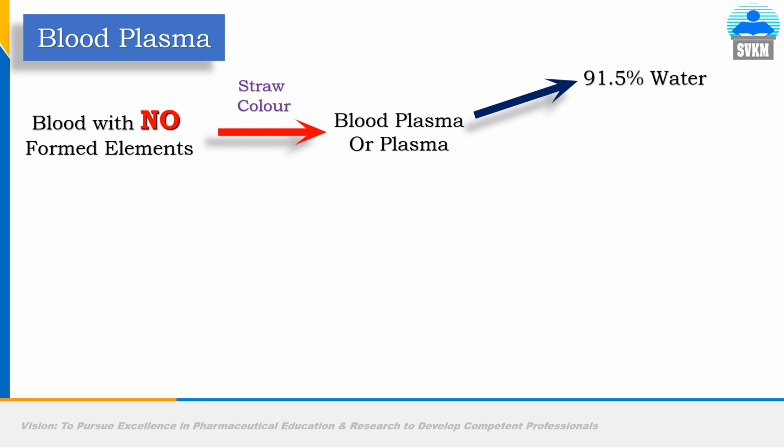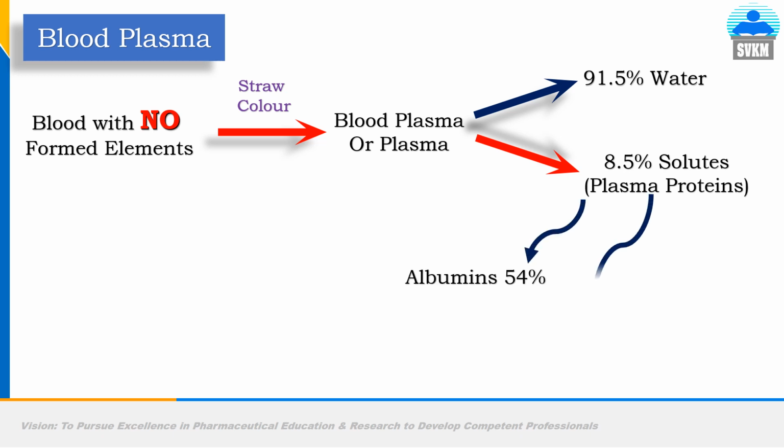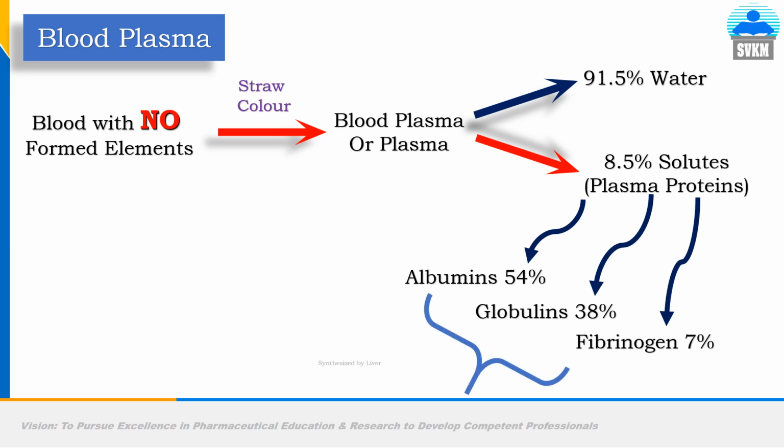In blood plasma, 91.5% is water and 8.5% is solute in the form of plasma proteins. There are three different types of plasma proteins. One is albumins, which comprise 54%. The second is globulins, which comprise 38%, and fibrinogen, which comprises 7%. All these plasma proteins are synthesized by the liver.